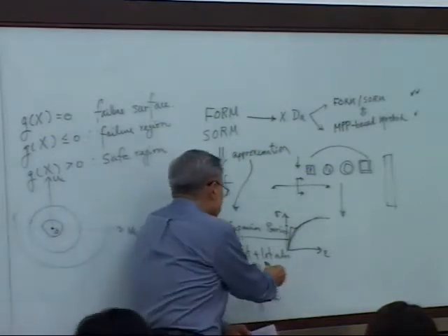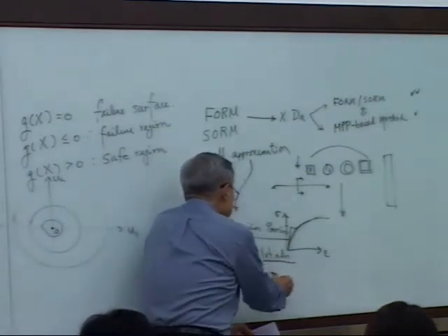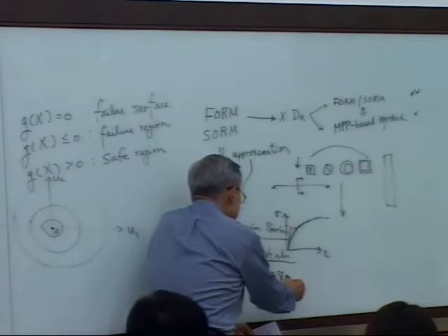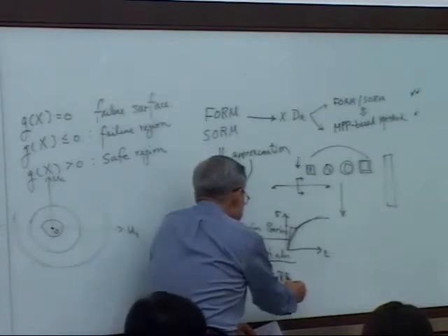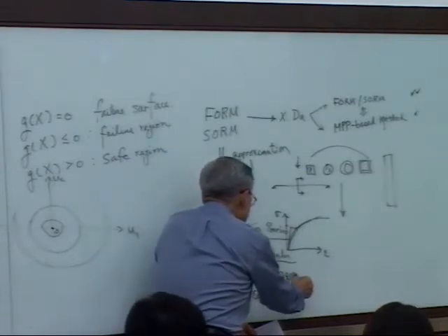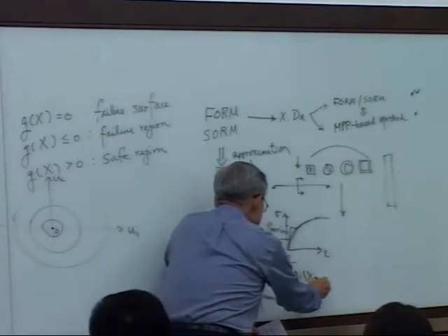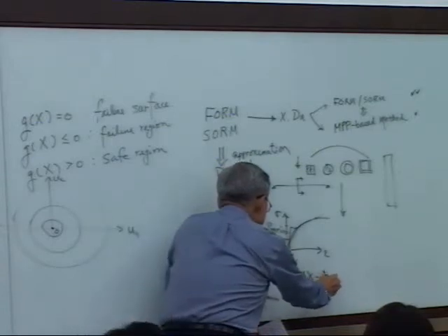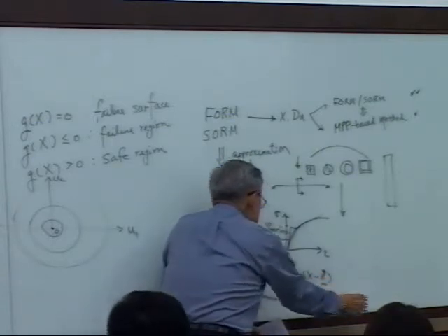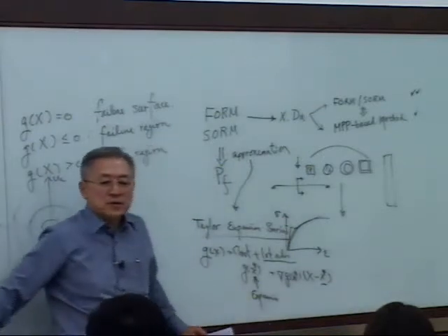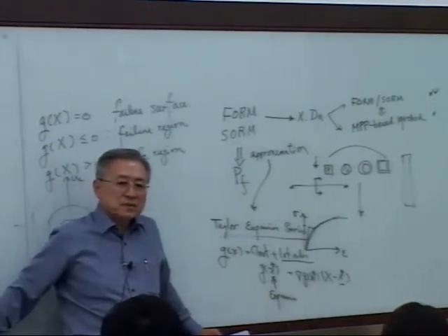And the second term is like the gradient of g at u dot, or g, in this case, I use gx times x minus. This expansion point is built around the given point.